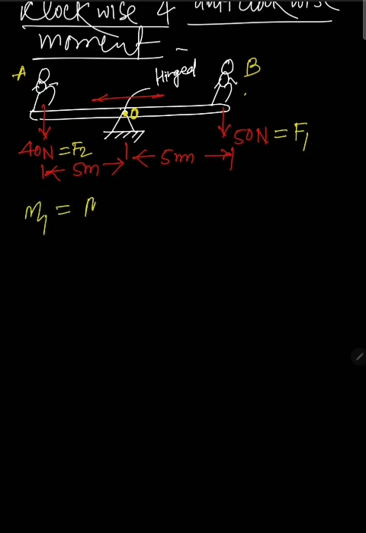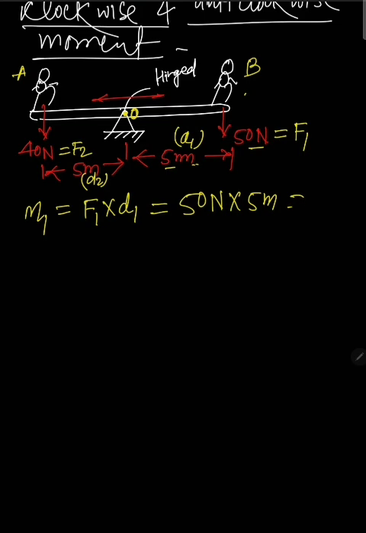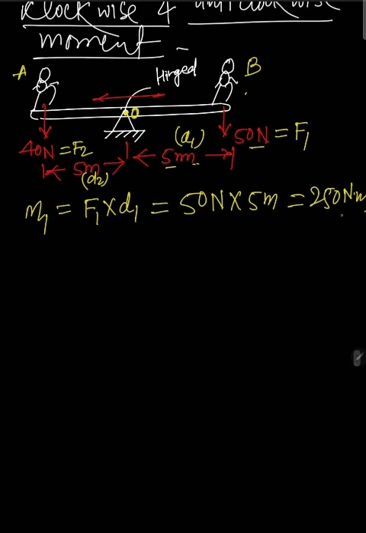We know the formula for moment: force into perpendicular distance. Take this one as d1 and this distance as d2. So F1 is 50 Newton into this distance, 5 meter. So it will come 250 Newton meter.